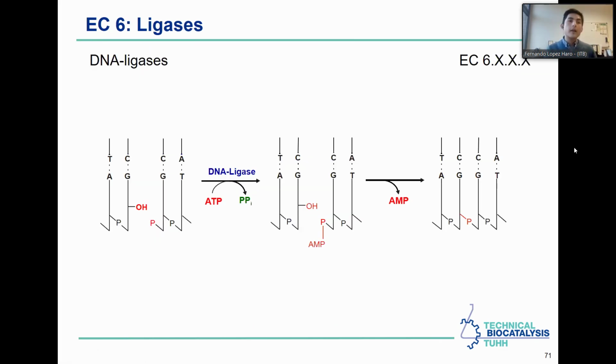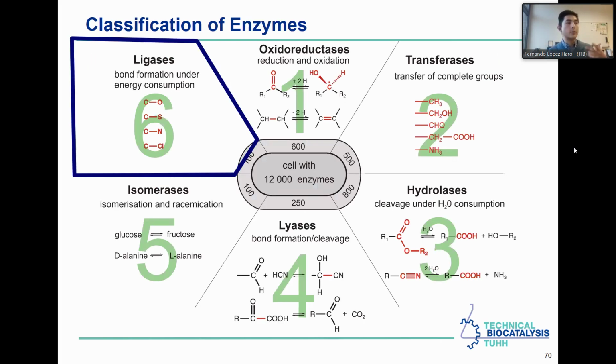And that's why if you have the option of catalyzing a reaction where you create a bond either without ATP or with ATP, you will often go with the one that does not require you to use ATP for the reaction to be completed. ATP is a very expensive cofactor, so of course, if you don't need it, you will not use it.